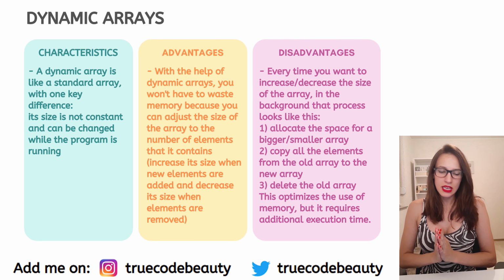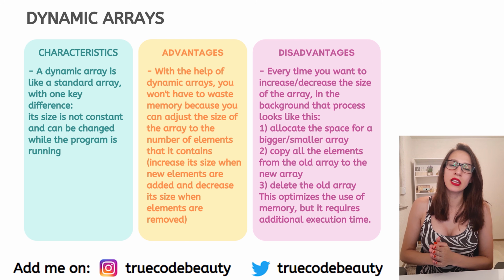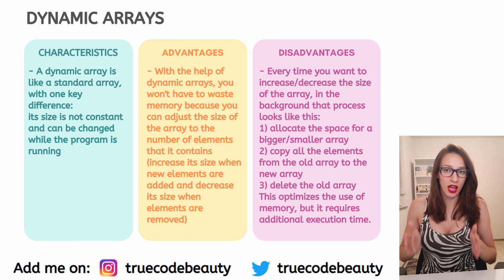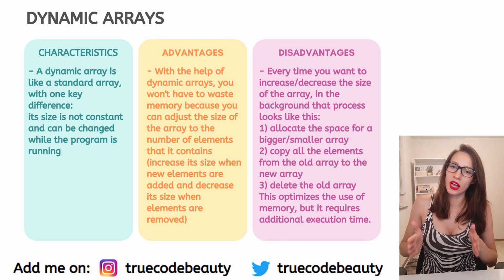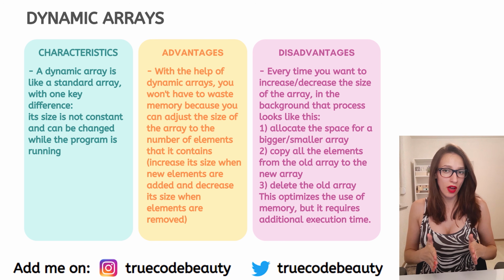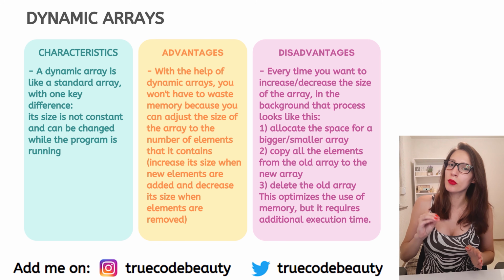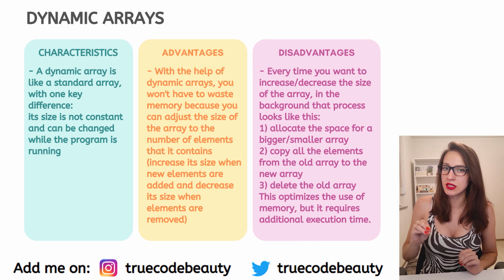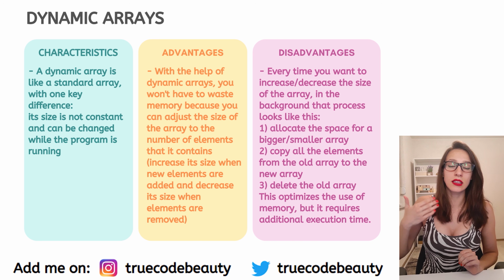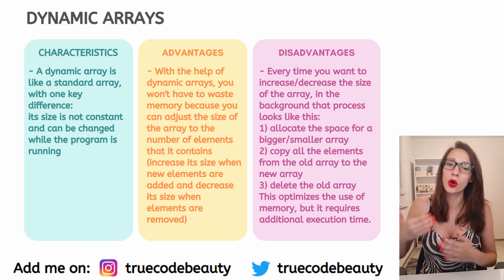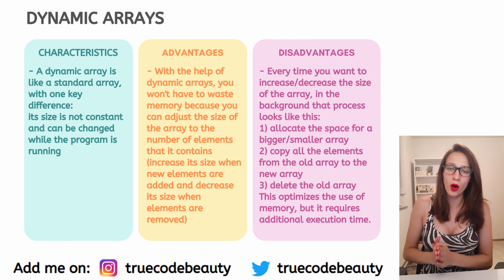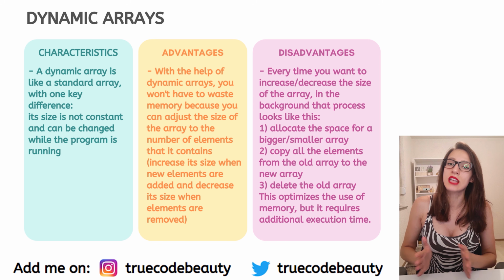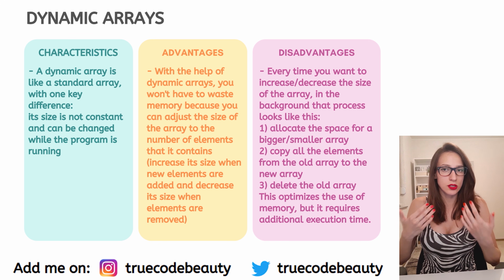So let's say that you have a dynamic array that has 100 elements, so it can store 100 elements. Currently you have 99 students, and at the moment that you are adding the 100th student, your dynamic array says, hey, I see that this array has the potential to grow even more. So what I'm going to do now is resize myself. So how does it do that?